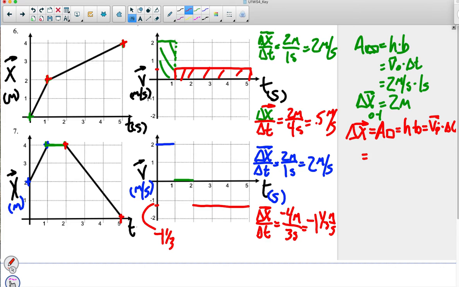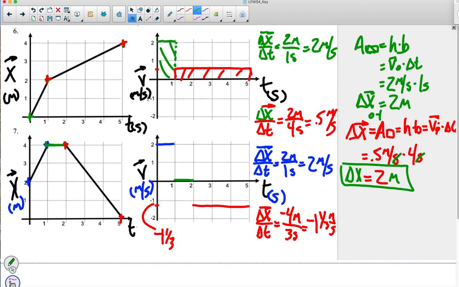So our initial velocity for this one is 0.5 meters per second, and that lasts from 1 to 5 seconds. So that change in time is 4 seconds long. Half of 4 is 2. A meter per second times seconds. The seconds will cancel out, leaving us with units of meters. And so that's an additional 2 meters.